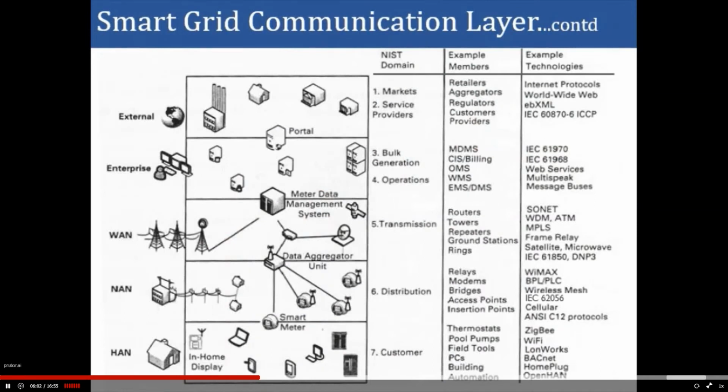Let's see what are the various possible technologies which we can utilize at various layers. Say for example, at the house level, where we develop the house area network, the major requirement is to exchange the information among various devices installed in the house itself, say home appliances, the controller of the house, or the smart meter and so on.